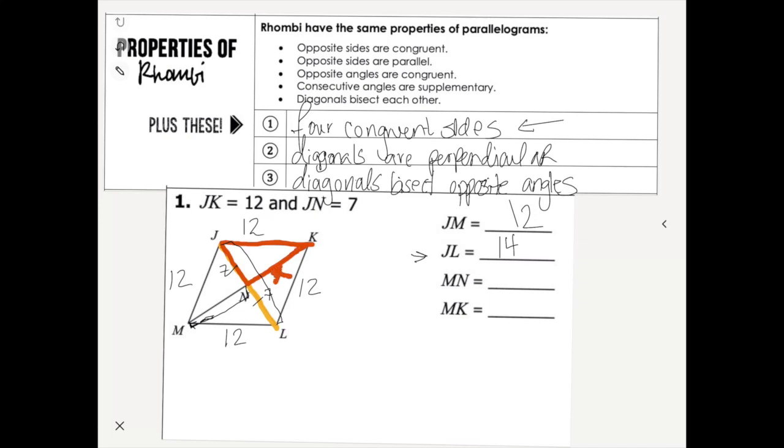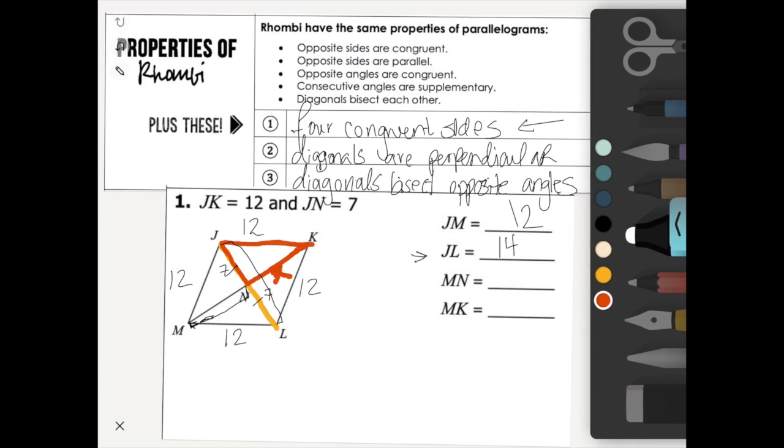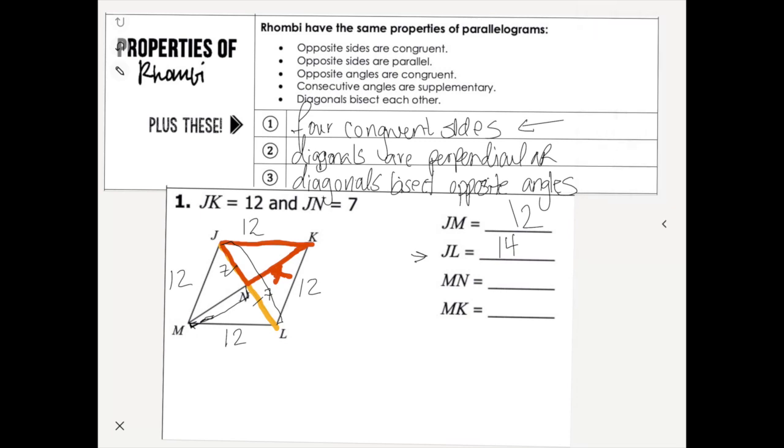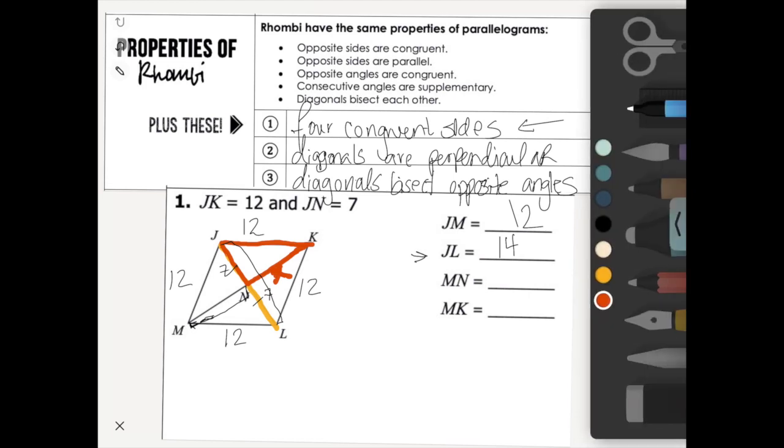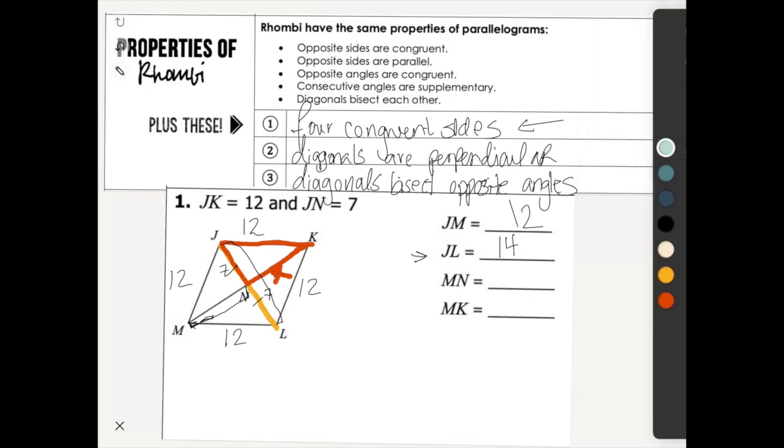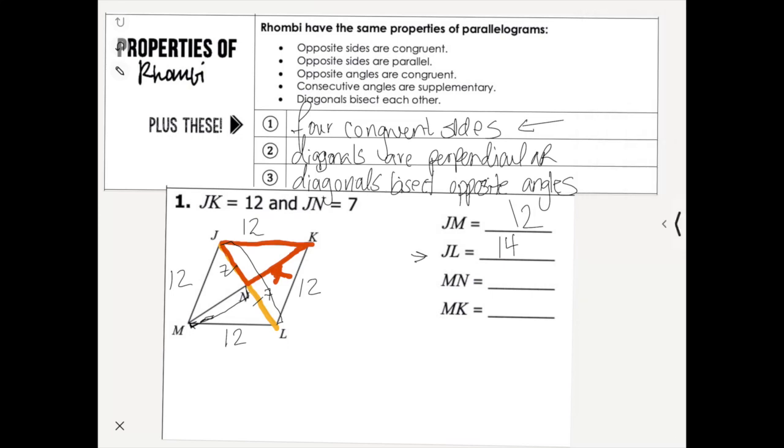If I find X, then I'll be able to use that to find MN because they are congruent. So this is my right angle. And I know that this is my right angle because it says diagonals are perpendicular. So if diagonals are perpendicular, then I know that there's a right angle that exists right here.